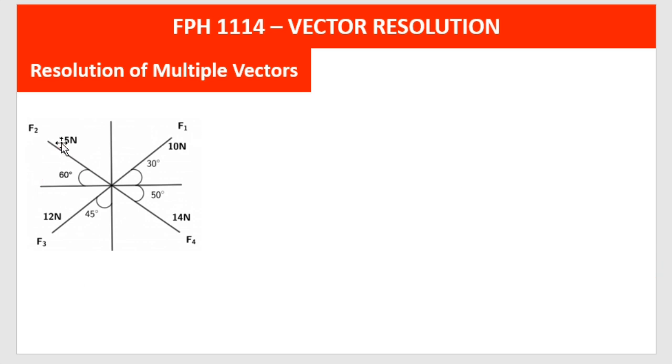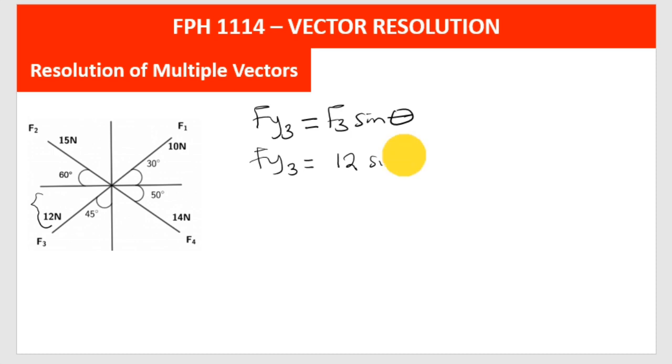So for Fy2 we have these results. We quickly move further to Fy3, which gives us the third quadrant. So we are going to be working with this guy here. For Fy3 we have Fy3 equal to F3 sine theta. Fy3 is equal to the value of F3, which is 12, multiplied by sine 180 minus 45 degrees.